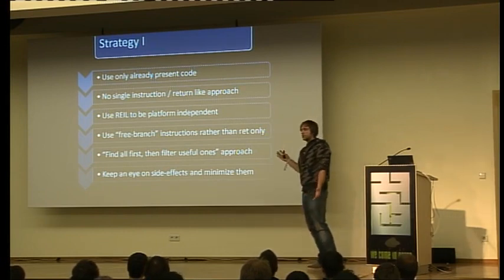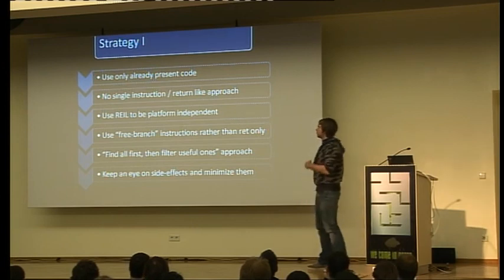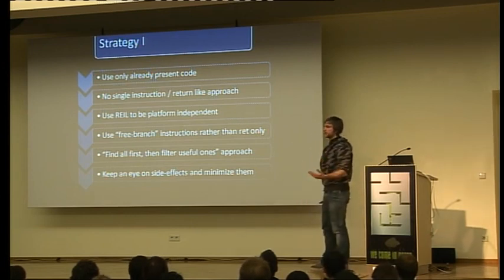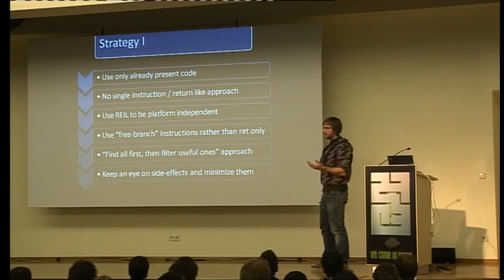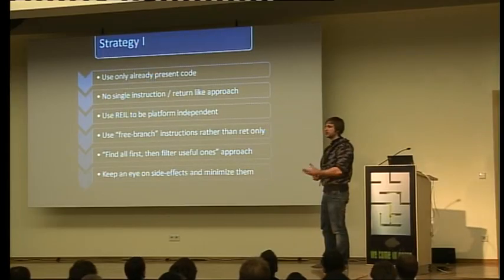Basically, return-oriented programming only ever uses present code, which is either present in the executable itself or in the libraries that it uses. What we do not do is something that recent publications have sometimes a little bit misunderstood: we do not use a single-instruction return-like approach.